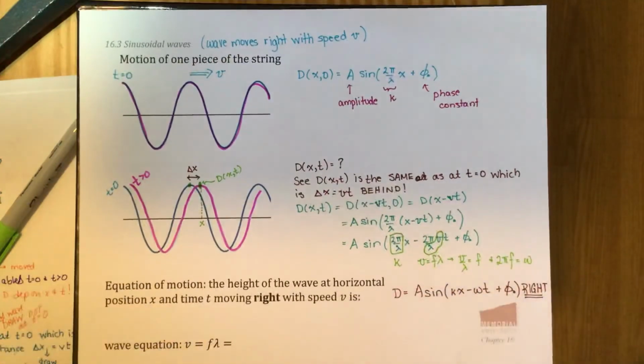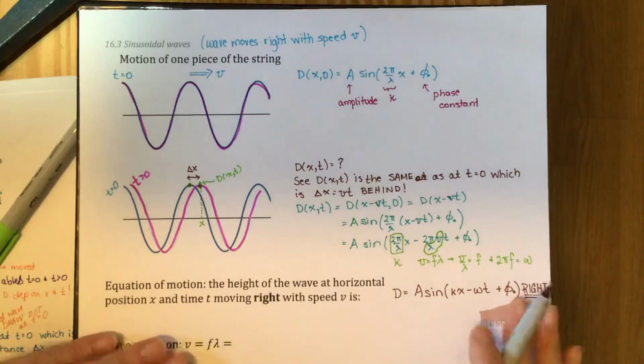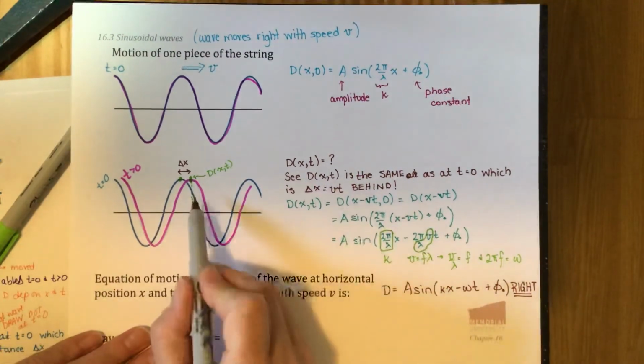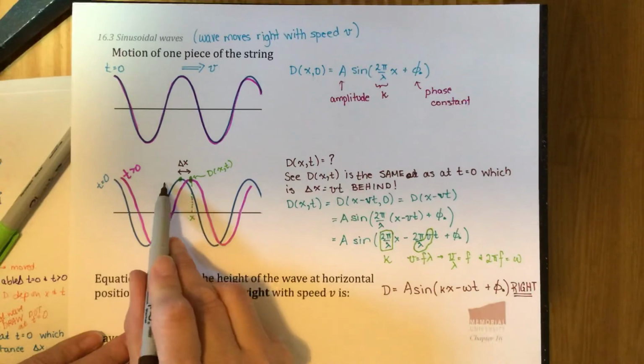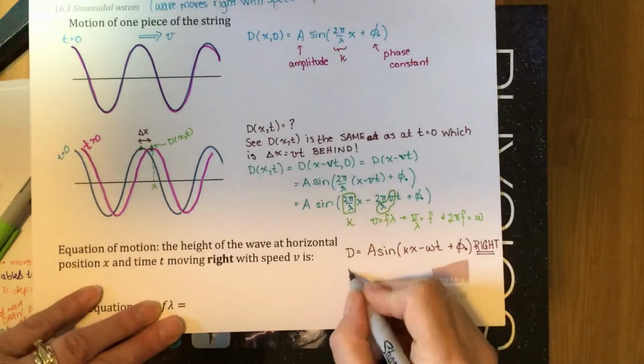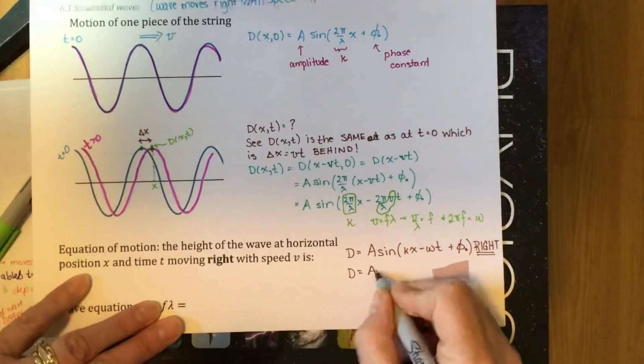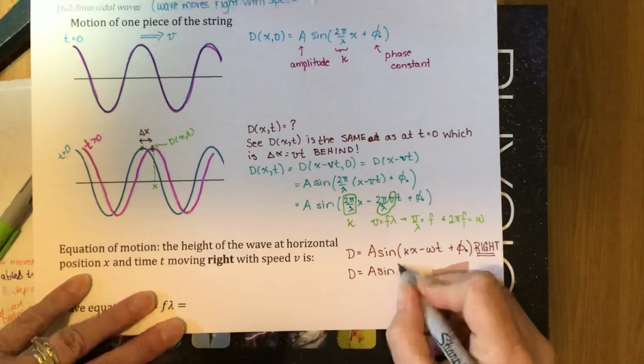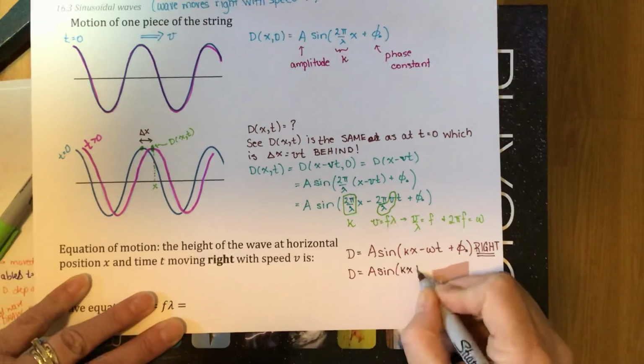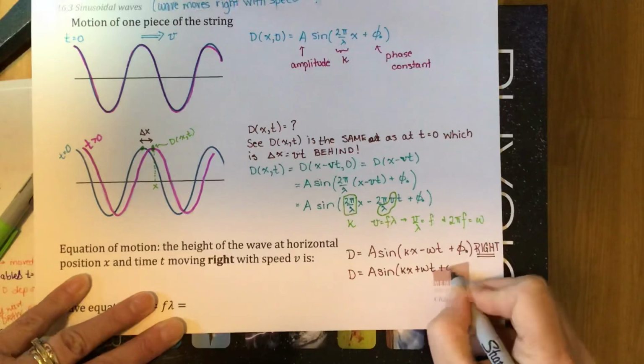If we wanted to, we could go through and do this whole thing again for a wave moving to the left. What we would see is that this wave would be to the left of this one, and our result would be that d is equal to a times sine of kx plus omega t plus phi naught.